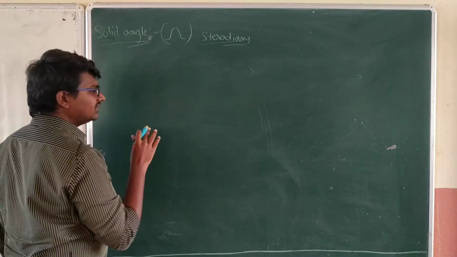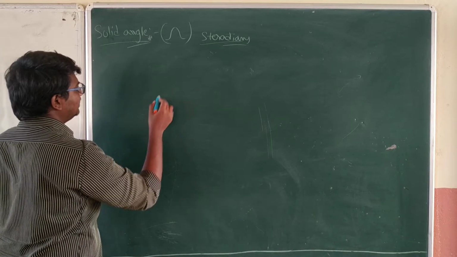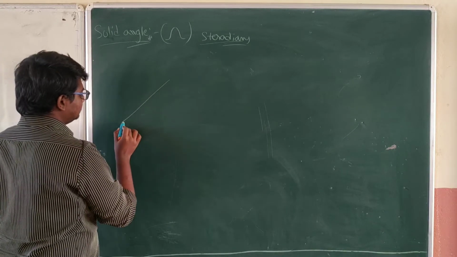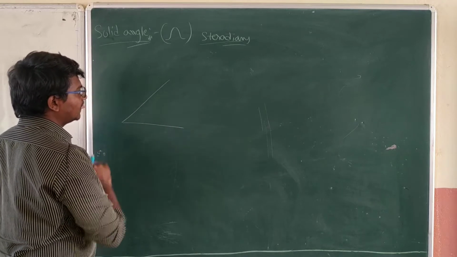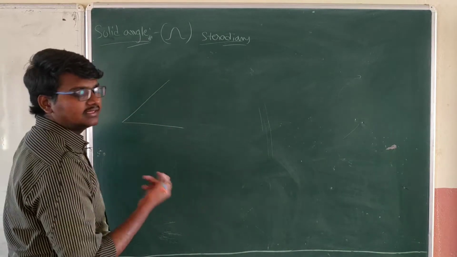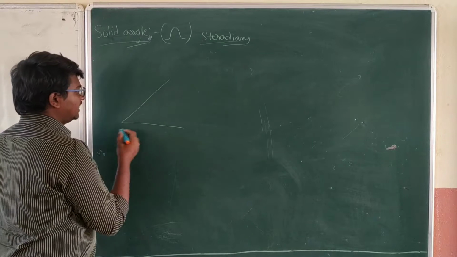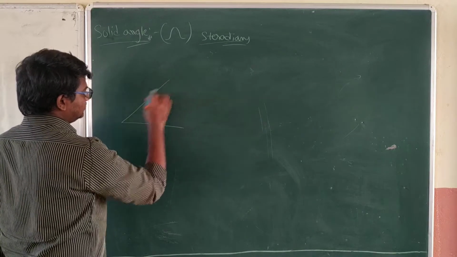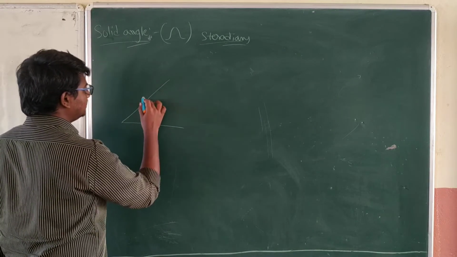First of all, what is meant by a solid angle? Let's consider a plane, this board itself a plane, and here I am considering two lines of equal length.